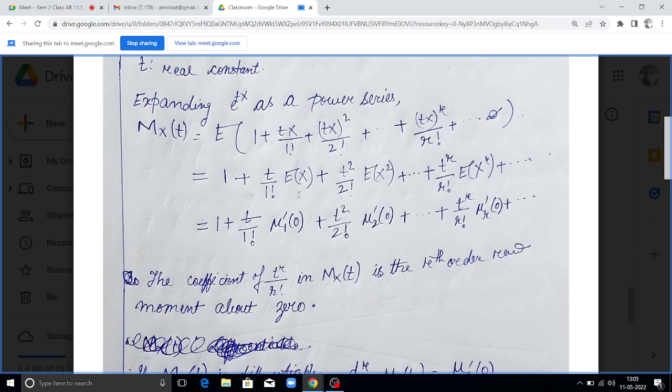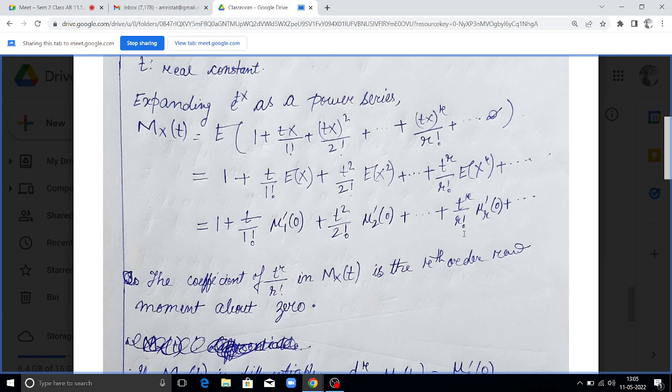Expectation of x square is related with SD, and I have shown you the expression. So in general this can be written as expectation x equals mu1 prime, expectation x square mu2 prime, expectation x to the power r mu r prime.